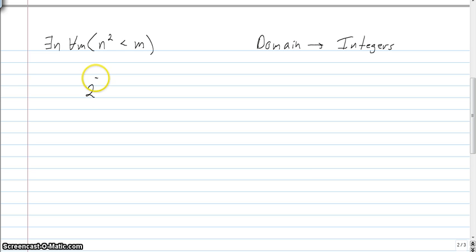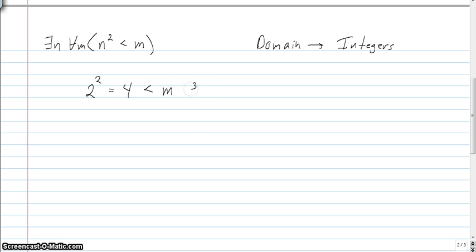So if I just pick an integer and square it, of course that would be 4. Is that going to be less than all integers m? Well, of course, 4 is less than some of the integers, but it's not less than all of the integers. I mean, it's less than 5, 6, and 7, but we can certainly think of some other integers that 4 is not less than.